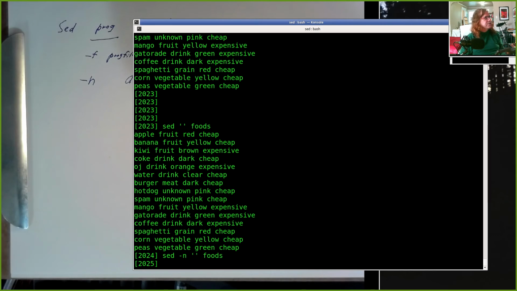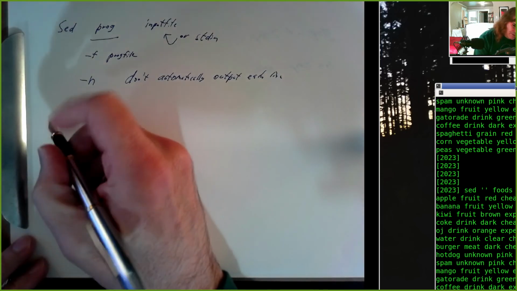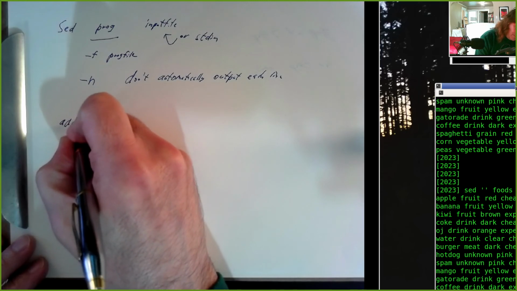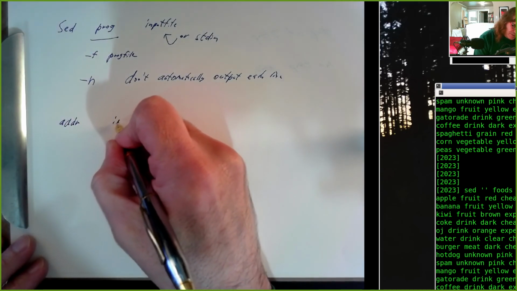All right. So what do our programs look like? Programs basically have the structure of some sort of address and then some kind of instruction.